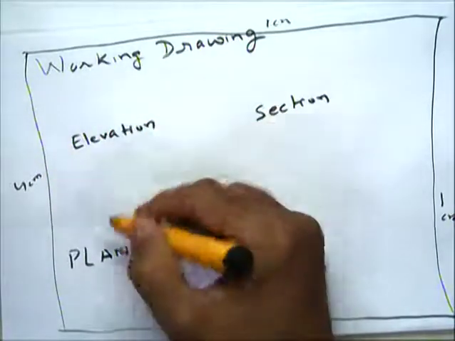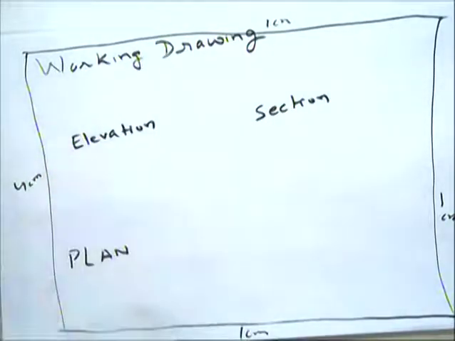Now what is the plan? The plan is the top view of the building which we are going to construct. It is not existing, we are going to construct it. It is the top view of the building after cutting the building by a horizontal plane.